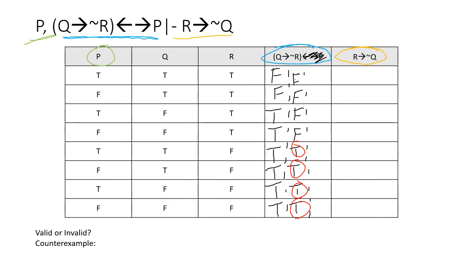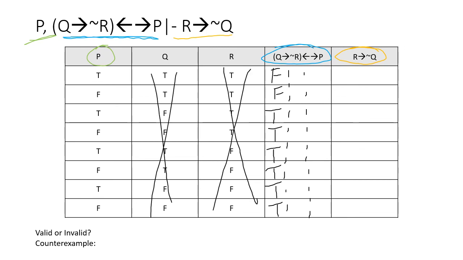So erase that. We don't need this middle column anymore. It's just going to confuse us. Eliminate it. And then we'll bring back the double arrow P. We'll ignore those. And so where do the values match? Well, they match here.